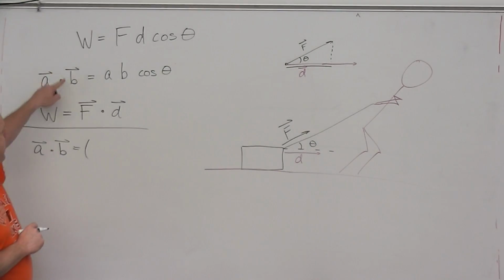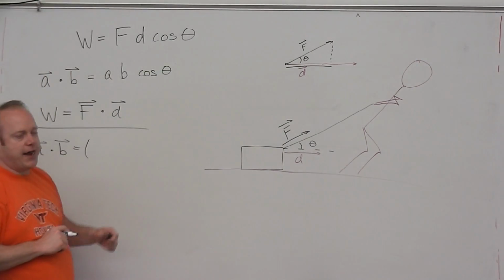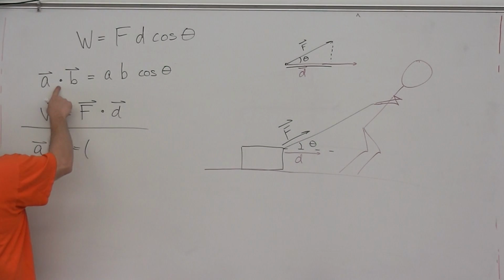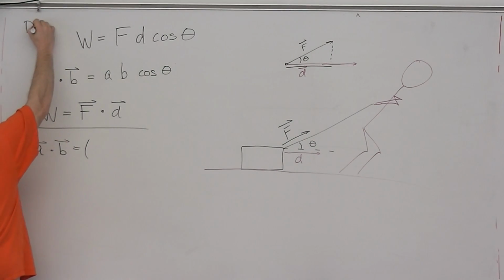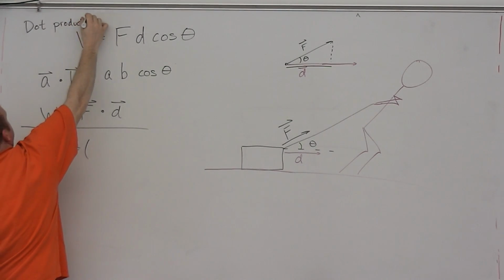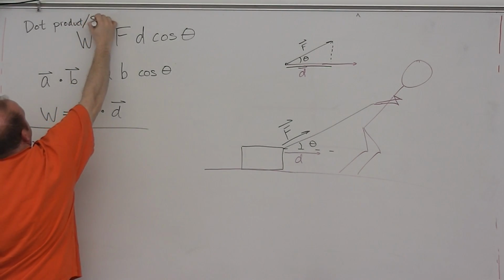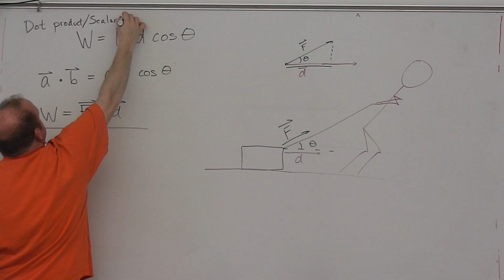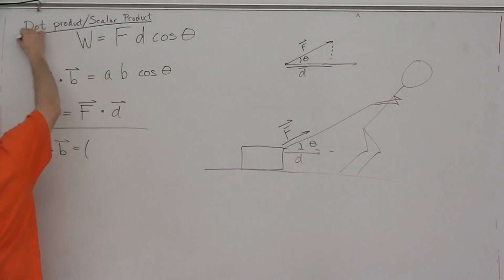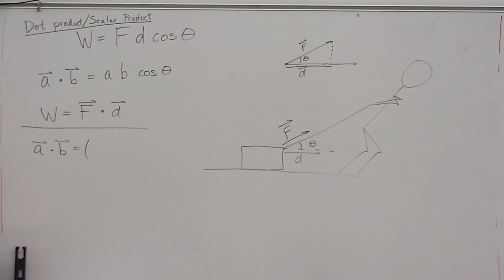Notice, work is not a vector. This dot product is also called the scalar product. So this is dot product, scalar product. Another name for it.